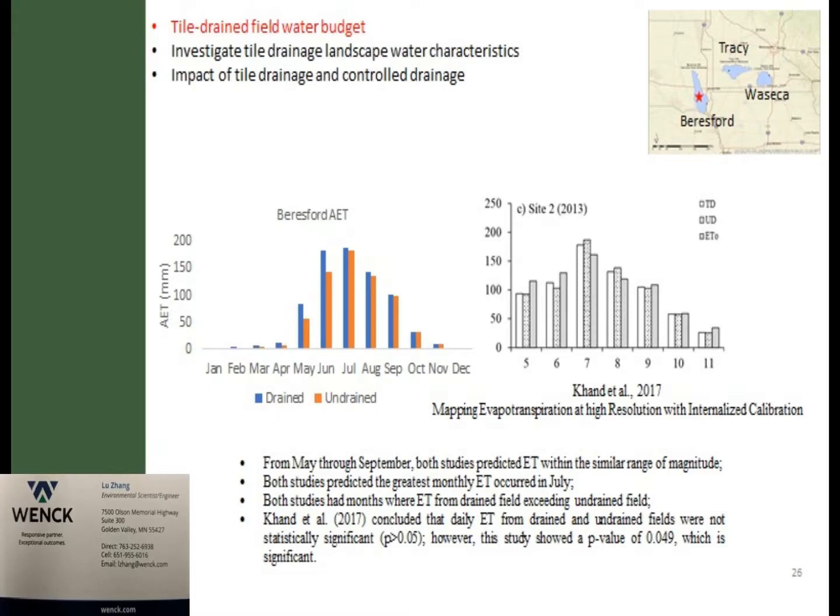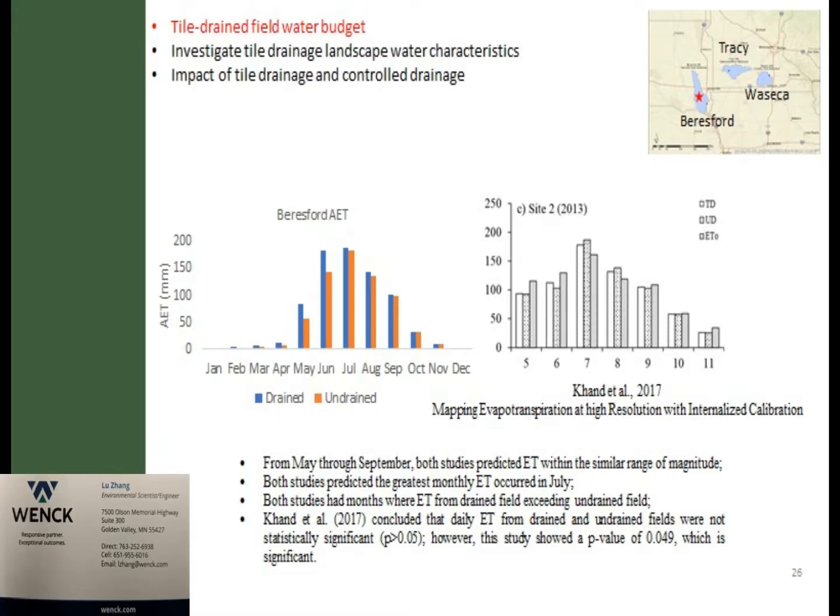It's the clear bar and the gray one. In the summer months, July and August, the undrained field is exceeding the drained field for evapotranspiration. One plausible explanation is that you have healthier crops due to the ventilation provided by the tiles, so the healthier crop could have more transpiration in the growth, which could affect that as well.